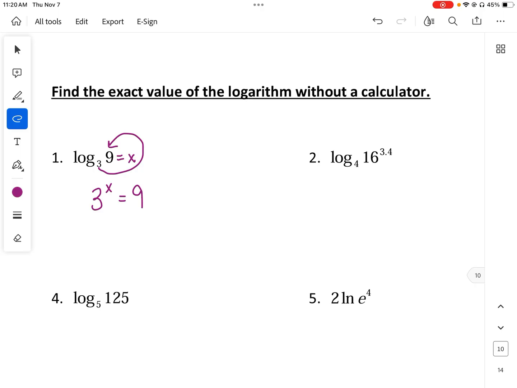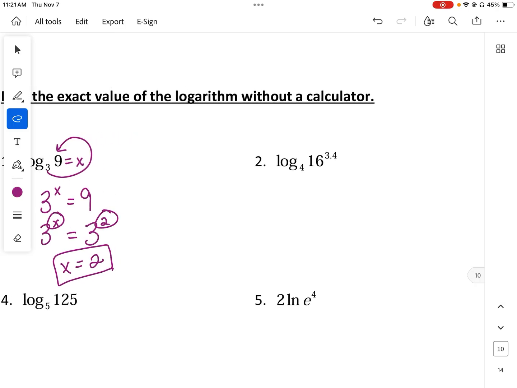Well, 3 squared equals 9. Or really, what I could have done is simplify 9 to be a base 3. And we know that that's 3 squared. So x equals 2. So log base 3 of 9 is 2.